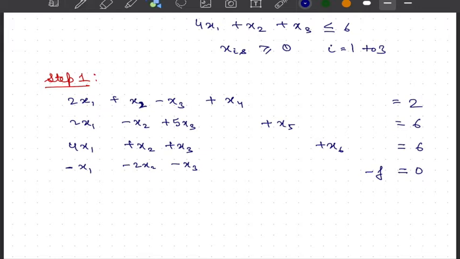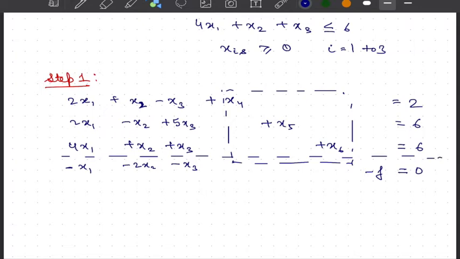Now if we focus on x4, x5, x6, we see that in terms of decision variables plus slack variables, we already have a canonical form, as these terms appear only once in this set of equations. So we will draw demarcation lines between our objective function and the constraints. So our first basic feasible solution is all set.